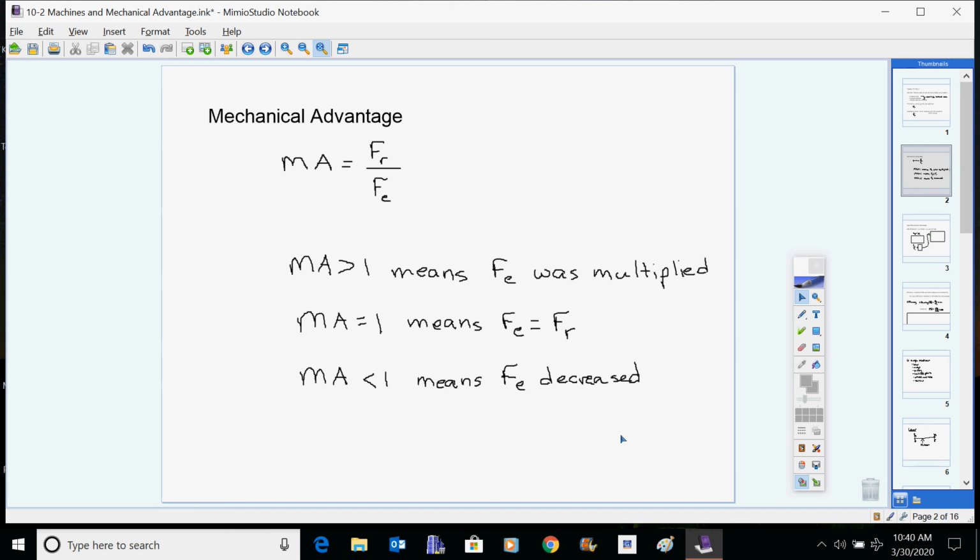If you needed to lift straight up, that would be an awful lot of force, but since you can spread it out over a greater distance, you can have your effort multiplied. That's actually more like the first one. But mechanical advantage being less than 1 means that the force that you input ends up being diminished in some way.